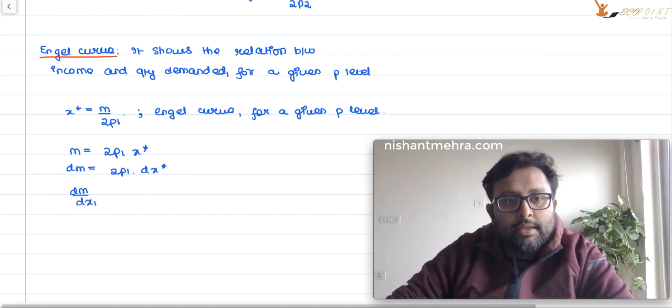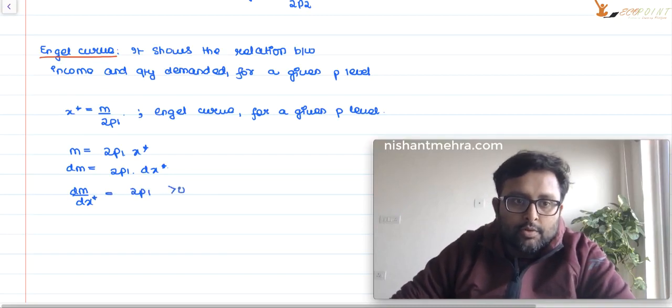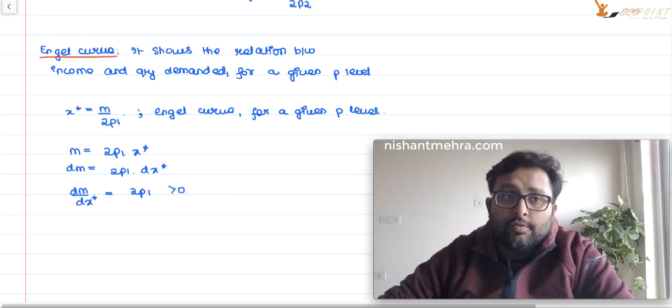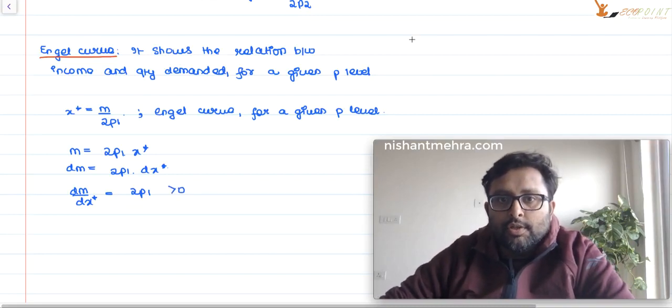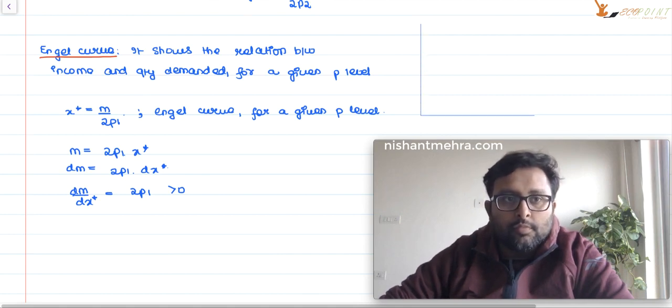So dm by dx star, that is going to be the slope, is 2p1, which is greater than 0. So you have a positive slope for this.